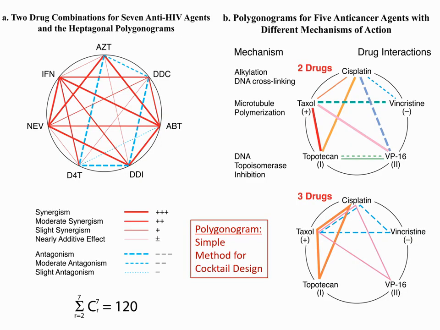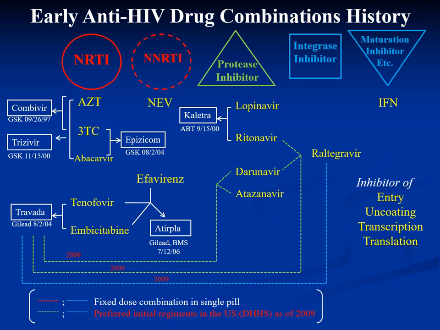This is the polygonogram that I introduced in 1988. It is very useful for cocktail design and useful for semi-quantitative projections and predictions. This slide summarizes early anti-HIV history. Most of them use drug combinations.